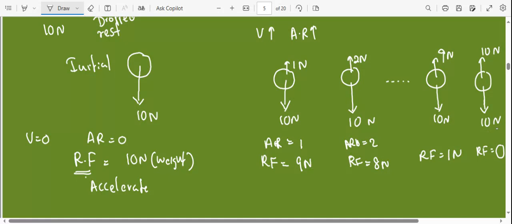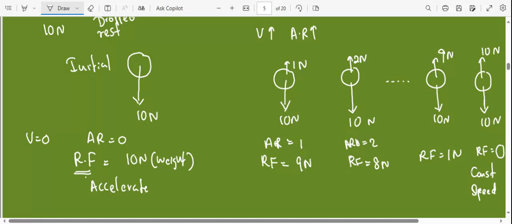When an object starts to accelerate, it is because of the resultant force. So if while accelerating the resultant force becomes 0, at the moment the resultant force becomes 0 it was already in motion. So then the object will move at a constant velocity or uniform velocity from that point onwards. Constant velocity, or we can say constant speed.